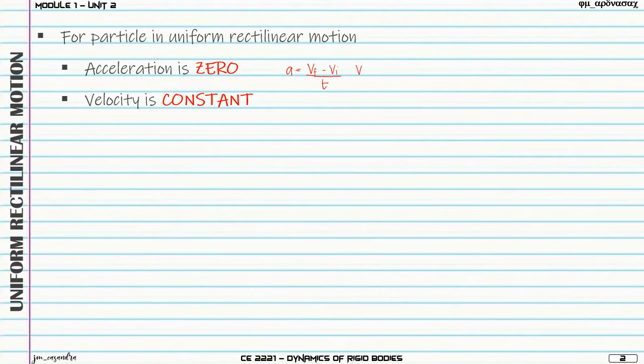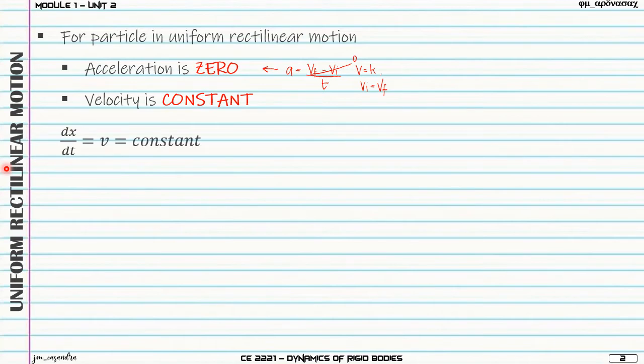And since V is a constant, Vi is equal to Vf. So in that case, the difference will be equal to 0, thus making the acceleration equal to 0. This is where we have taken the definition for acceleration and velocity for uniform rectilinear motion.